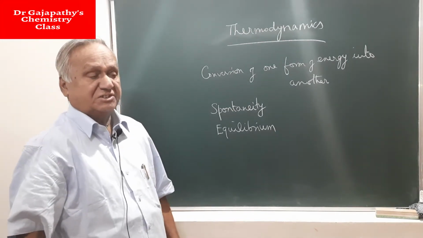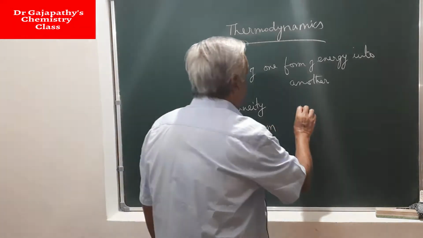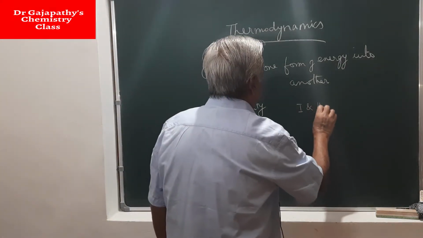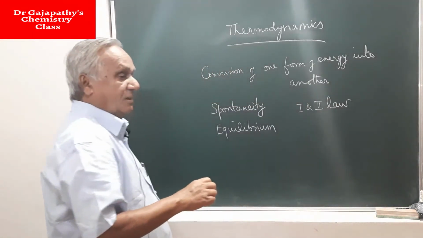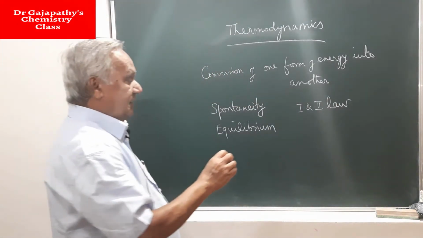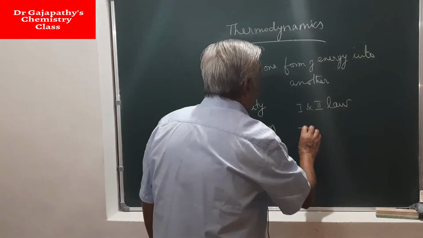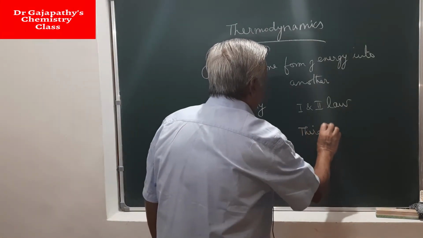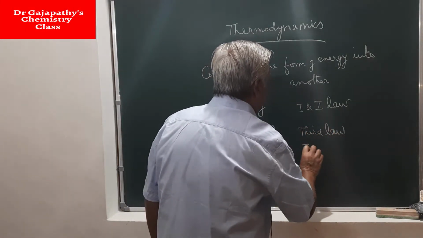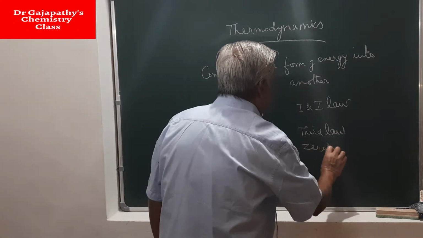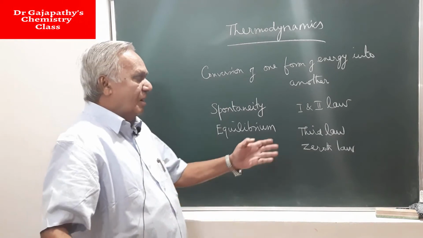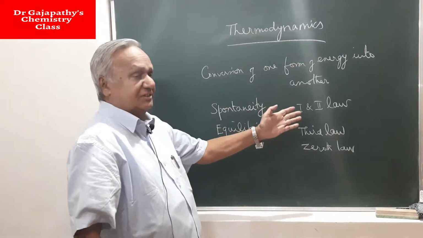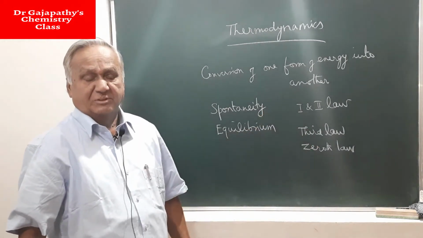These are summarized in the first and second law of thermodynamics. You have two more laws, namely the third law of thermodynamics as well as the 0th law of thermodynamics. These two are not as widely used as the first and second law.